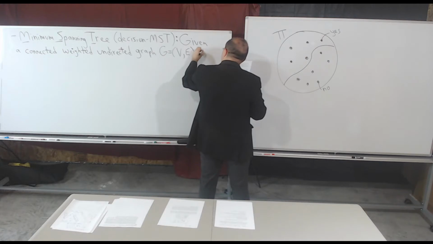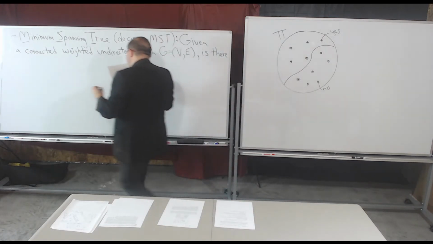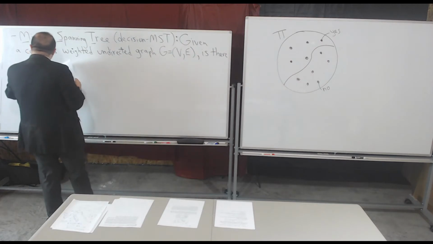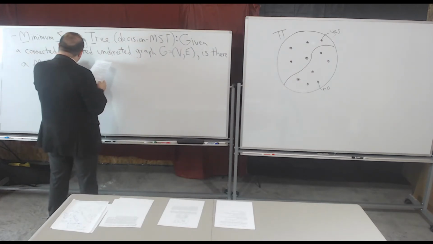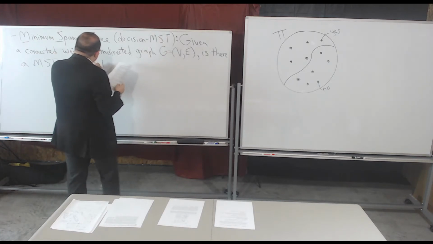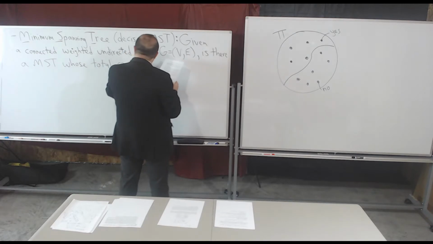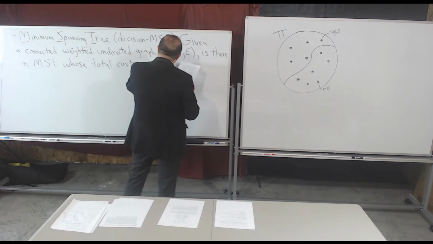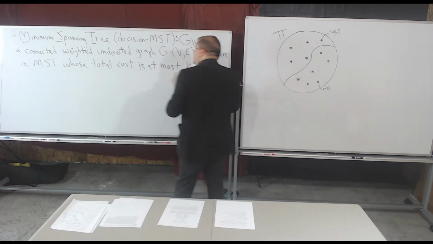So I'm going to say, is there a minimum spanning tree whose total cost is at most k? So you can pose this as a question.